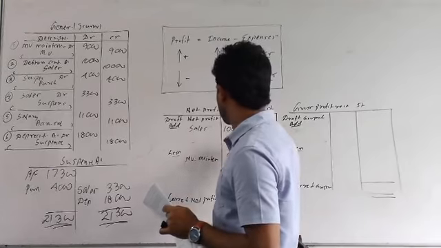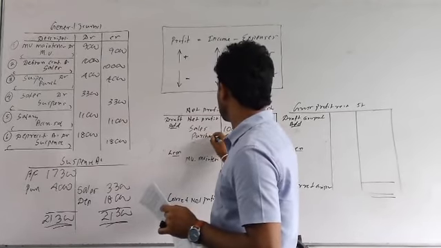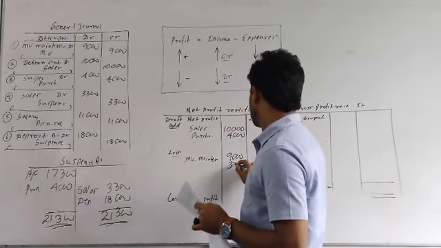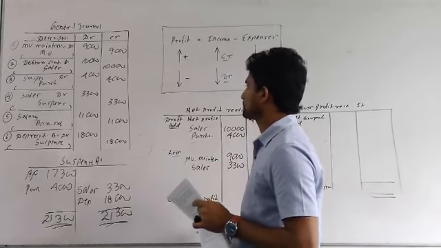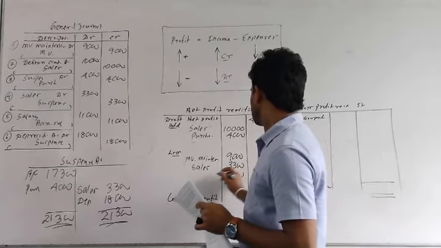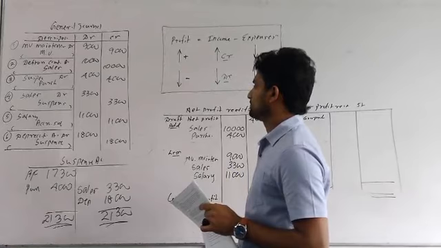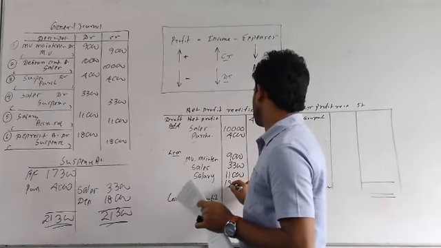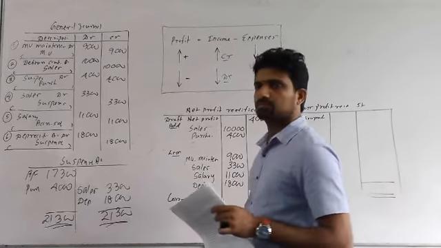Suspense account debit, purchase credit, take this 4,000 purchase. Then sales debit. Salary debit. Depreciation account debit. Is it in this way?